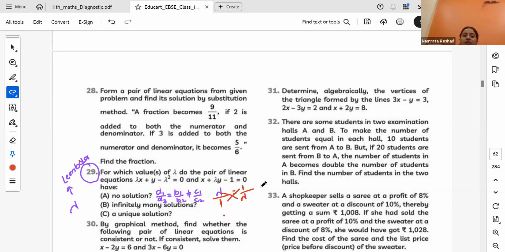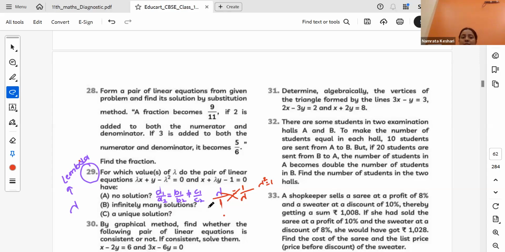We'll be getting lambda square is equal to 1, right, Ritvika? That means lambda is equal to plus minus 1. So for no solution, lambda is plus minus 1, right?